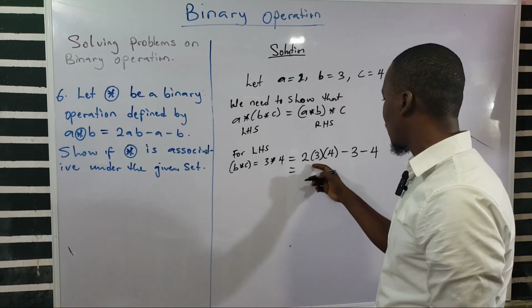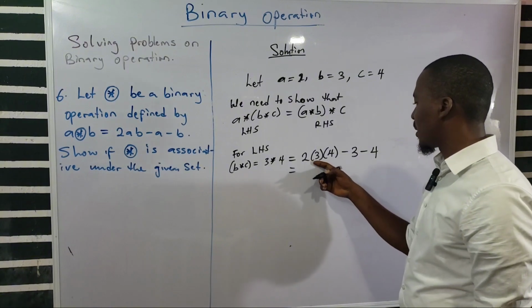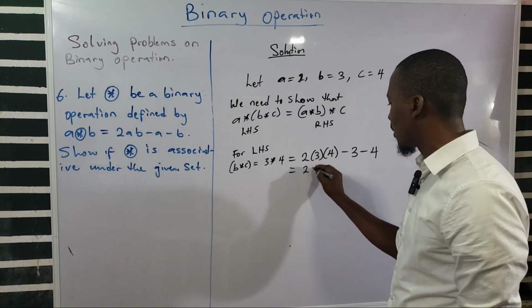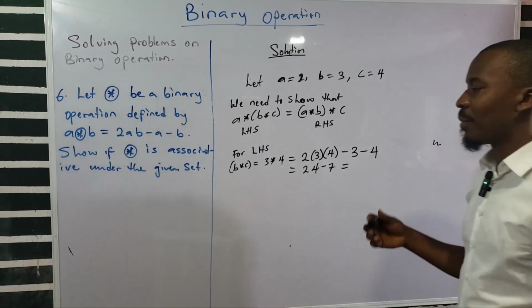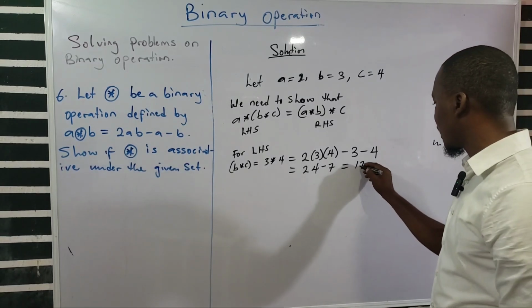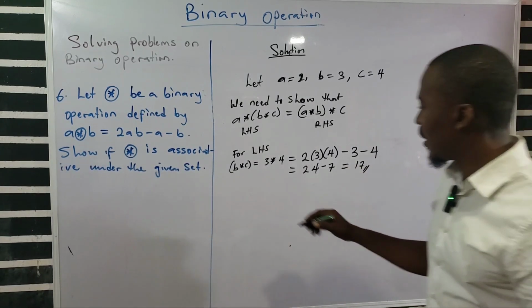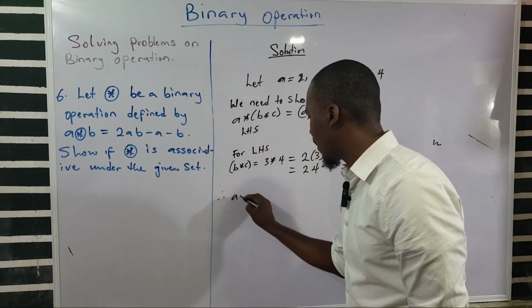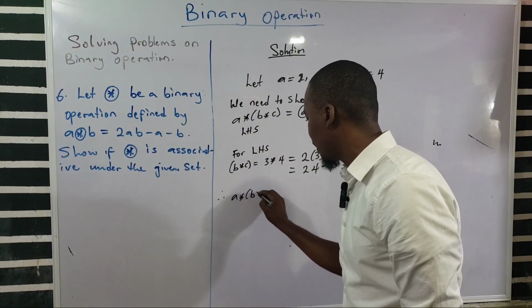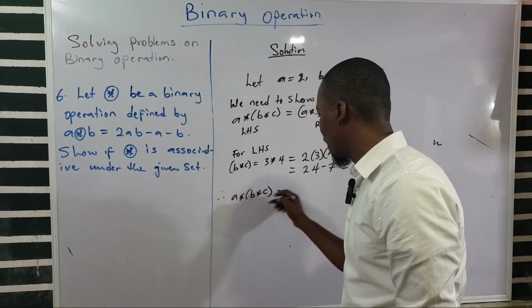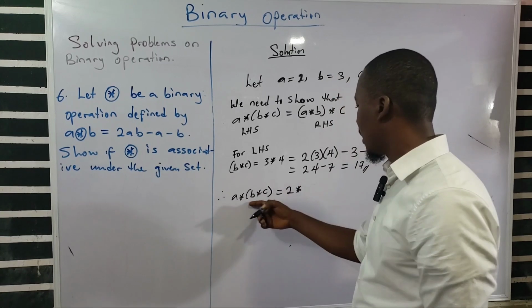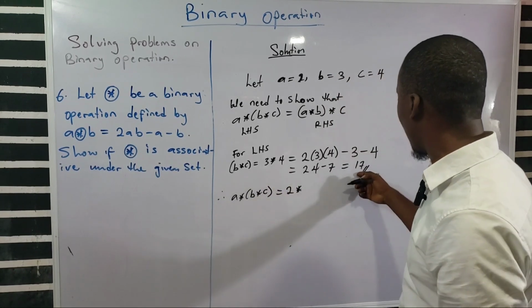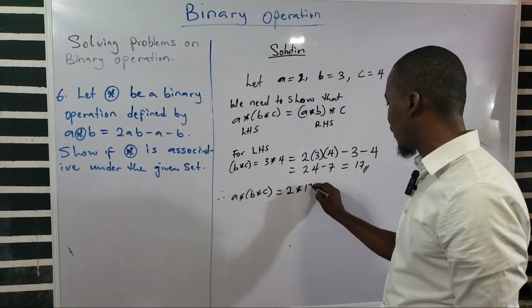So that will give us, this one is 6. 6 times 4 is 24, minus 7. 24 minus 7 will give us 17. Then A binary (B binary C): A is 2, and we have gotten that as 17.